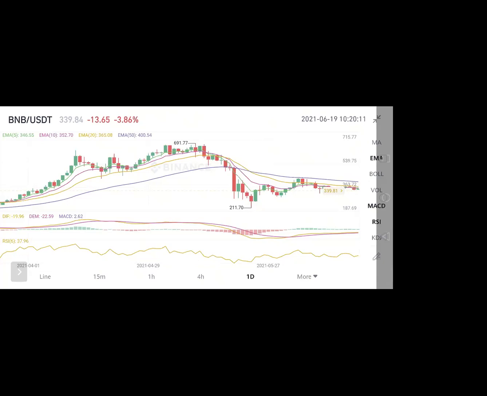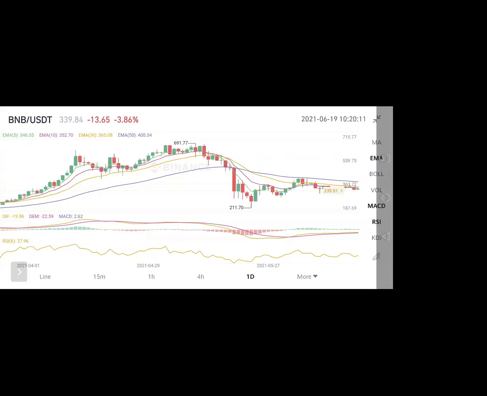Now, moving averages are indicators that indicate a bullish or a bearish trend. Bullish means the price of the market is increasing, and bearish means the price of the market is declining, is dropping.